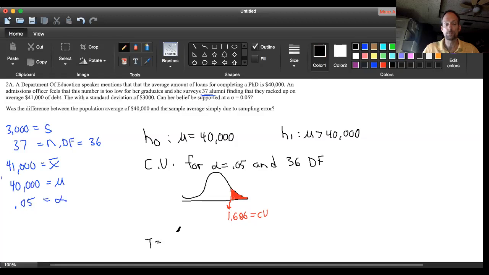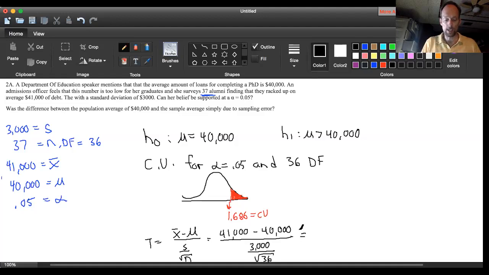T equals x bar minus mu, and then on the bottom, I have to remember that I'm switching back to my S. And I'm going to go ahead and calculate that out and see what I get.